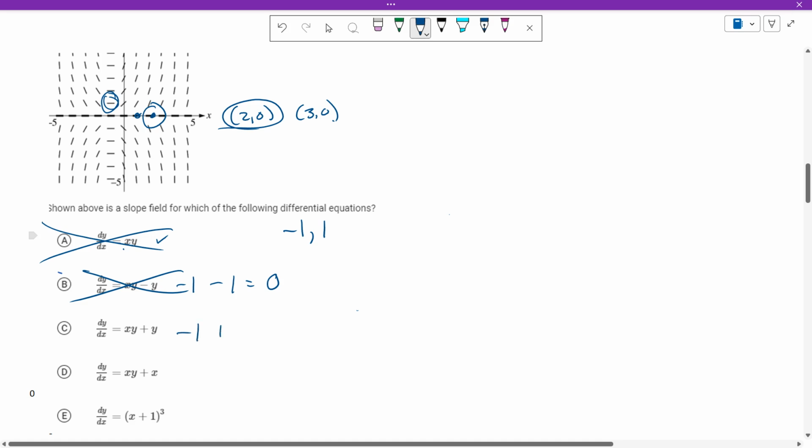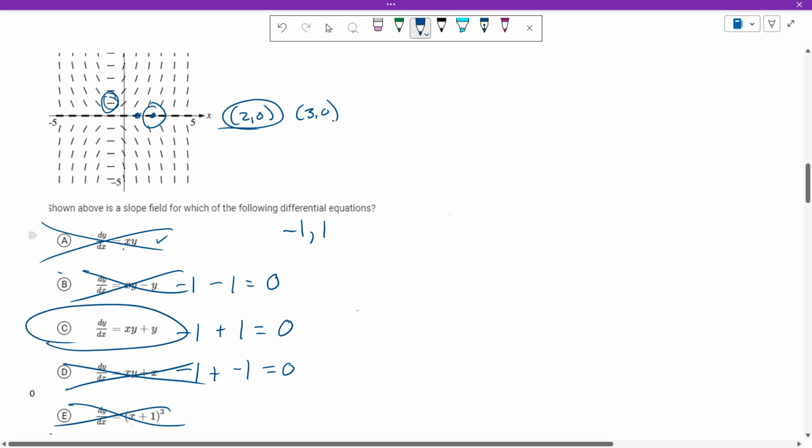Is -1 plus 1 equal 0? Yes, that works. And then this one is -1 plus a -1. Does that equal 0? No. And then this one, if we go 2, 0, that doesn't work. So it must be this one.